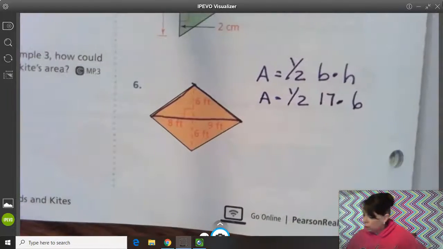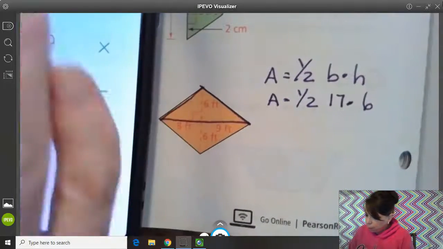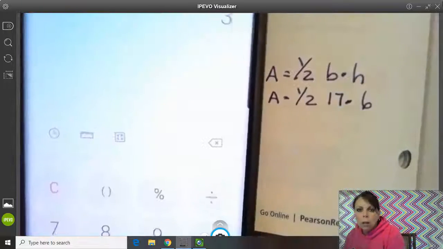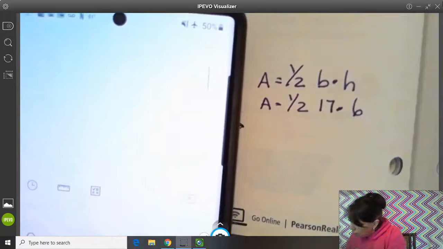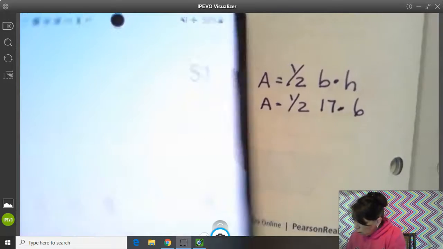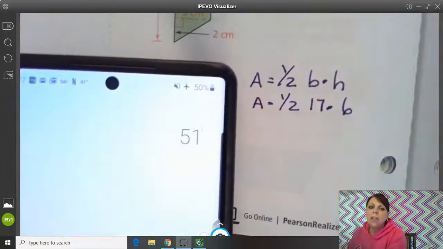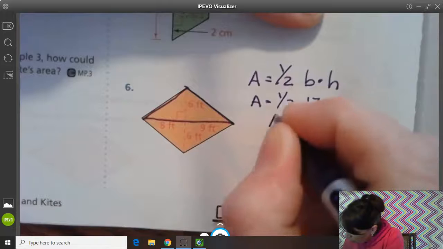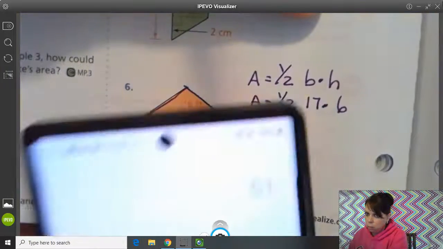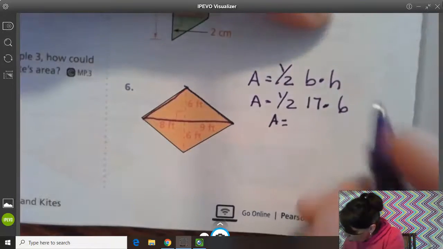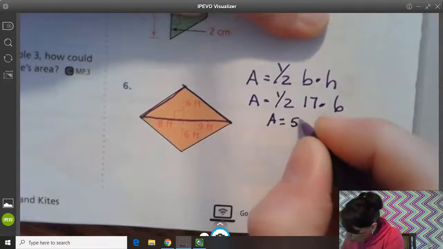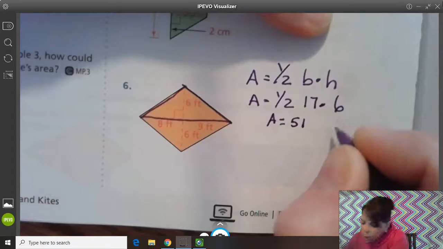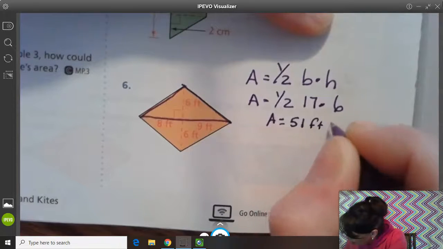All right, so calculators are out. And whoops, I'm doing 17 times 6 divided by 2. So for one triangle, if you didn't catch that, for one triangle, the area equals, one more time, 51. And the measurement is feet squared.